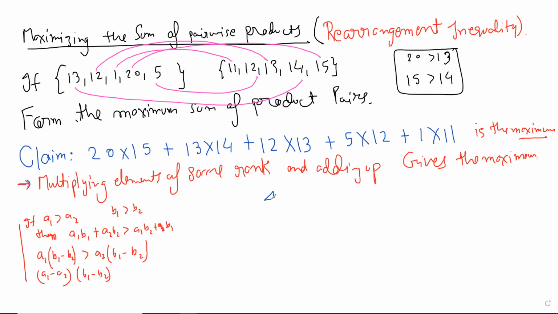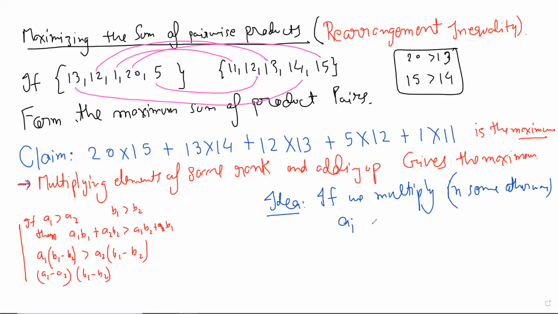The idea is that if we multiply in some other way, any other way, then there will be some kind of cross, meaning that there will be some A_i which is bigger than A_j, some i and j, and then there will be B_i which will be bigger than some B_j.